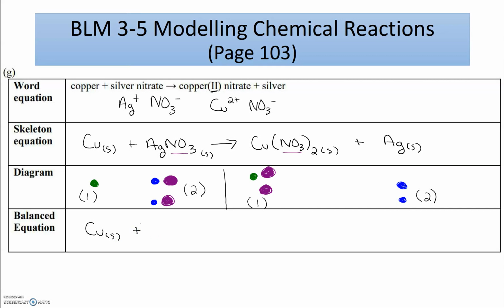We know that we have 1 by just having that symbol there. I drew 2 silver nitrate, so that means I need a coefficient of 2. And that reacts to produce, and I only drew 1 of my copper(II) nitrate. And I drew 2 of my silver.